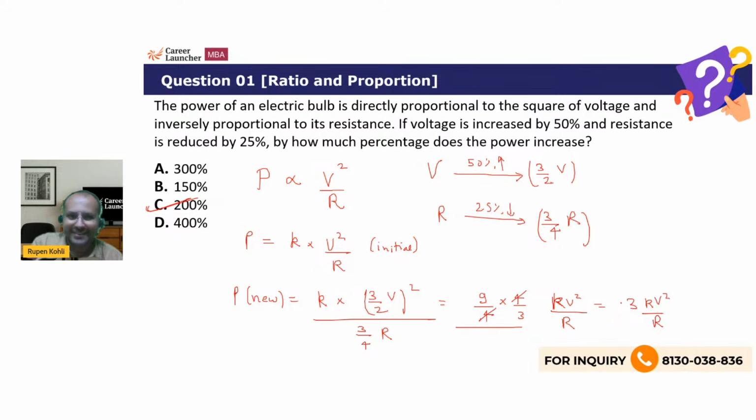I hope that is clear. It increases by 200%. These are very fundamentals, and we should not be making these fundamental mistakes. That's why we are having these sessions, to keep our base solid. Thank you. I hope that helps clarify.